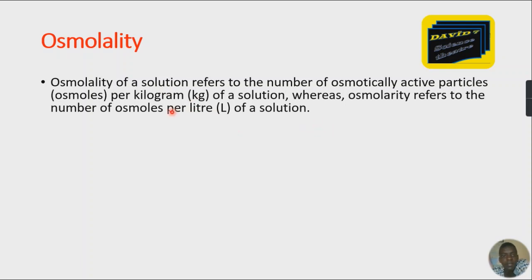Osmolality is just the number of osmols per kilogram of solution, while osmolarity refers to the number of osmols per liter of solution. So, per kilogram versus per liter, you can see that difference. Okay, that is it.